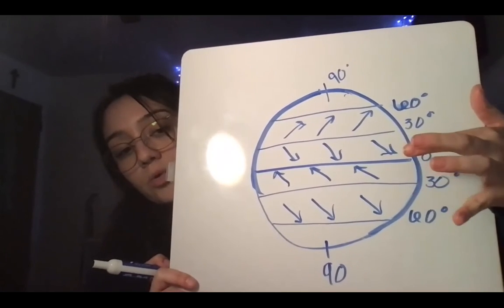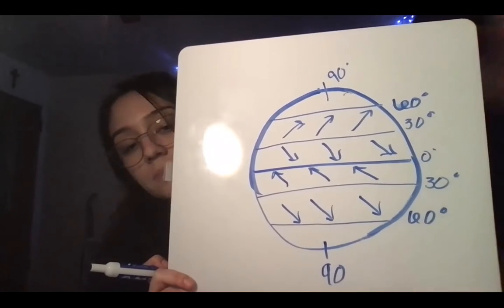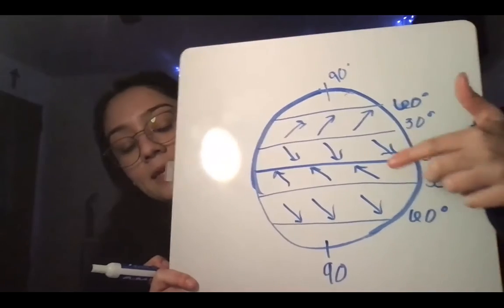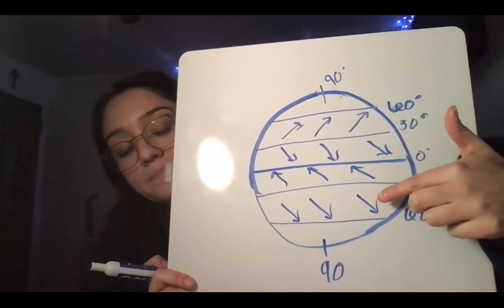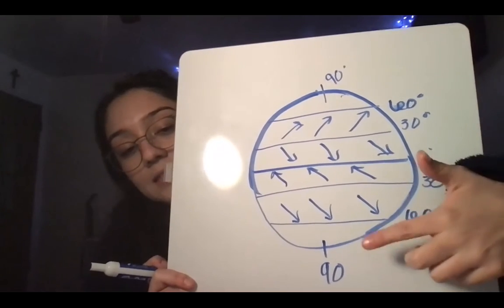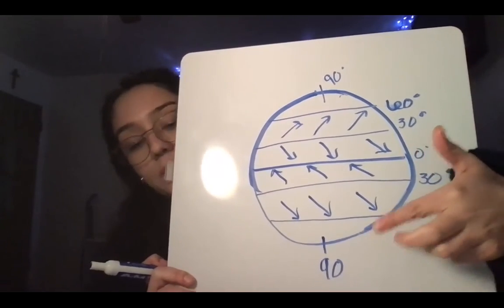This air is like going toward each other. It's replacing each other. And so what needs to happen is the air here and the air here needs to replace each other as well.